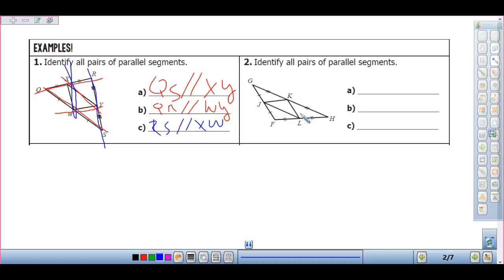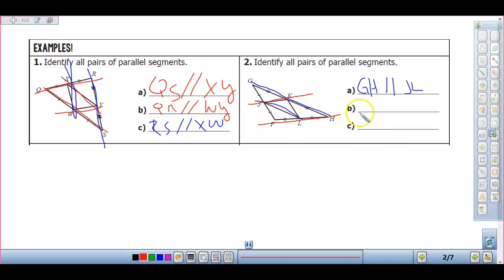Okay. Same thing goes over here. You got to look at all three sides of the triangle. So you've got GH is going with JL. So GH is going to be parallel to JL. And then we've got this side of the triangle.